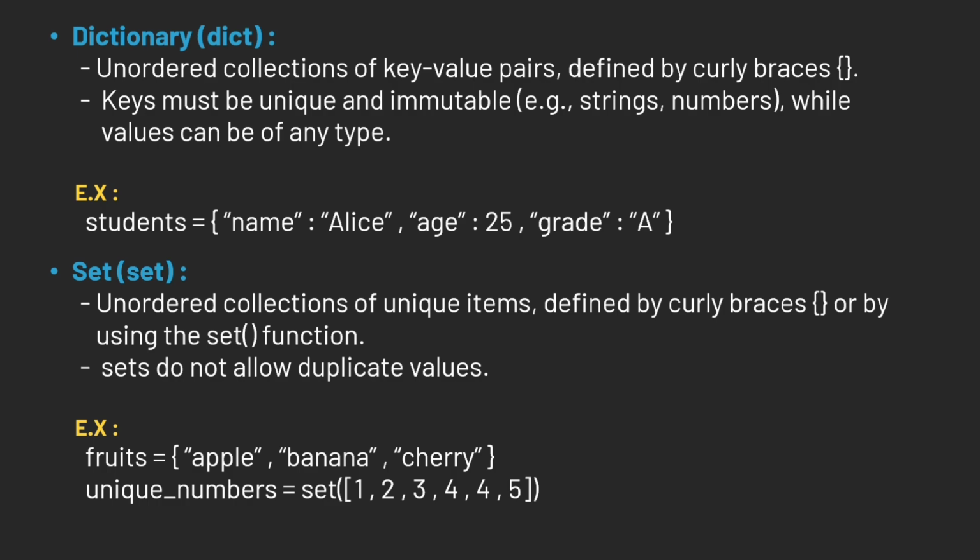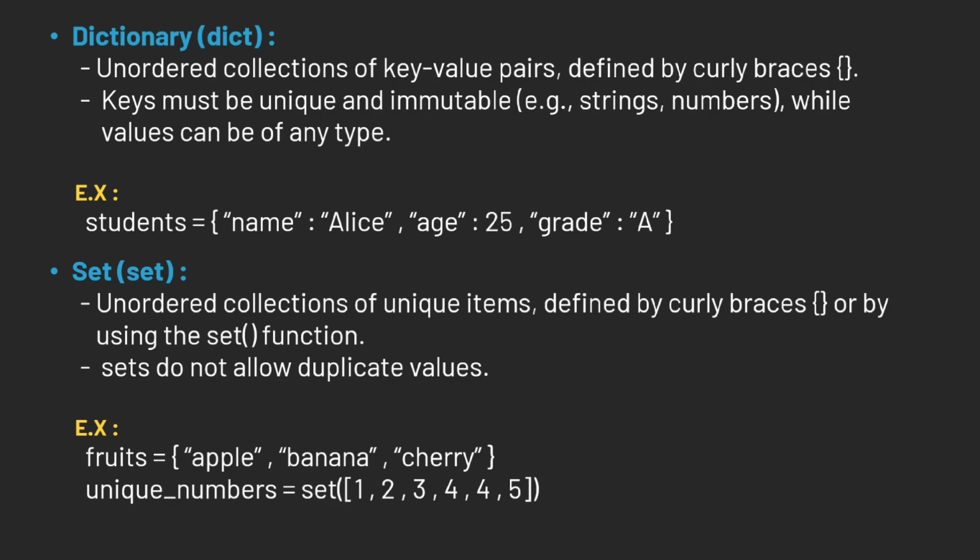Fourth, sets. Think of a set as a collection of unique items, like a bag of marbles where each marble is different. Sets don't maintain any specific order. Sets don't allow duplicate values. It is defined by using curly braces or the set function.